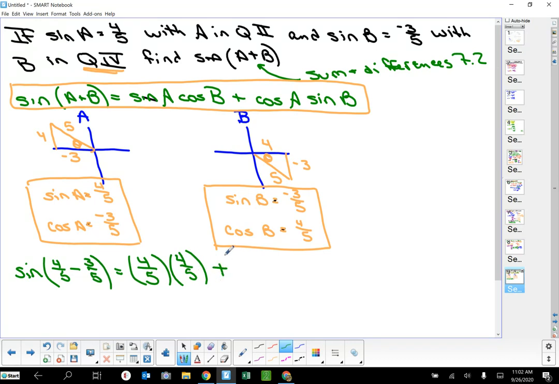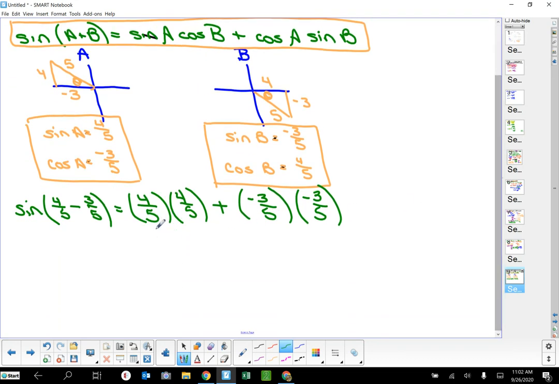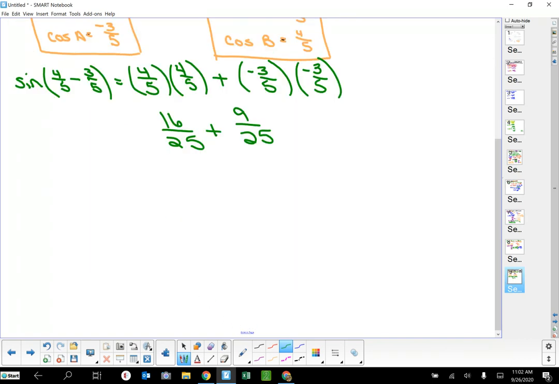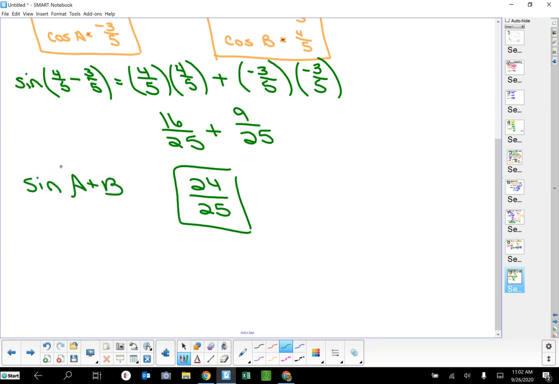And then I'm going plus cosine of A. Cosine of A is over here, negative 3/5. And sine of B is also negative 3/5. Now these are getting multiplied, right? So this gives me 16/25 plus 9/25. And then when you add those together, you get 24/25. And so sine of A plus B is 24/25.